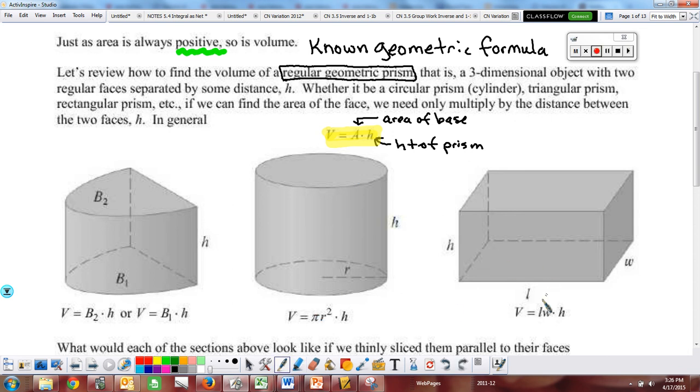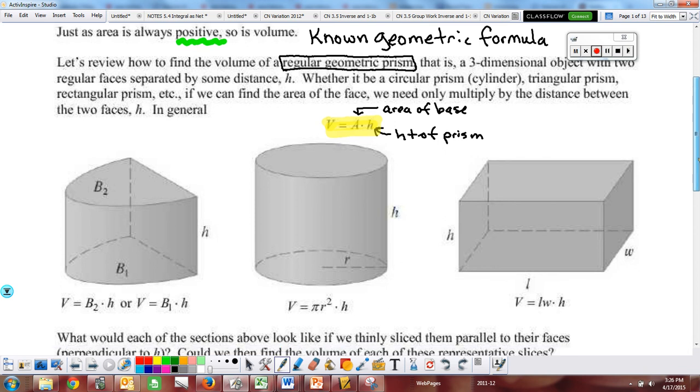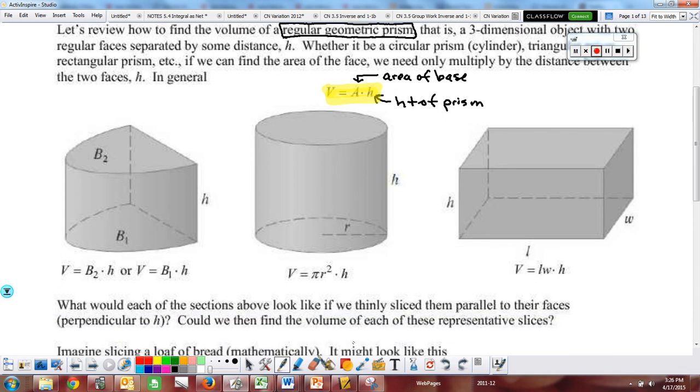All right. If we look at some very well-known geometric formulas, the volume of a rectangular box, with your length and width right here, is nothing more than the area of your rectangular base, length times width, times your height.